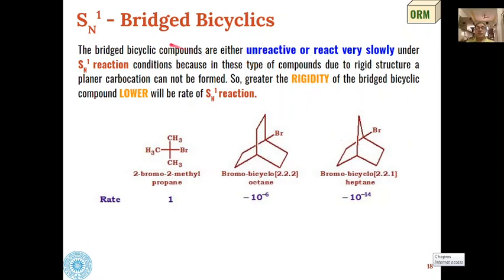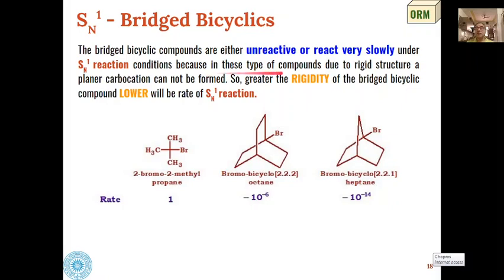Now in case of bridged bicyclic compounds, they are either not reactive or they react very slowly under SN1 reaction conditions.